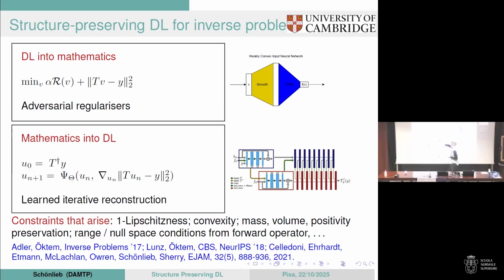This is the second category, called learned iterative reconstruction, where you design the layers of your neural network having conceptually in mind how your iterates would look if you, for instance, solve this variational regularization problem.